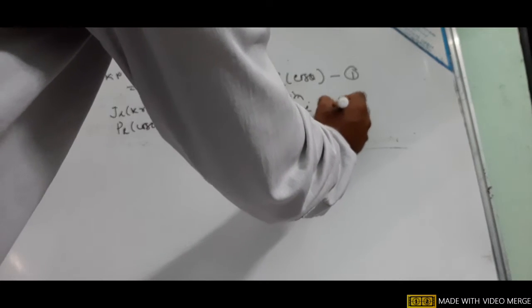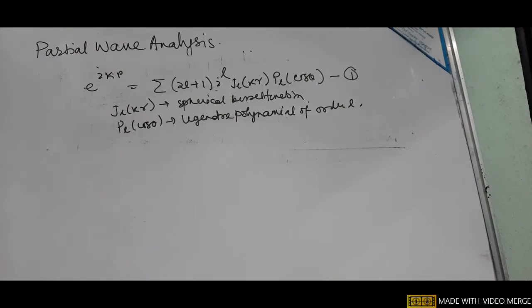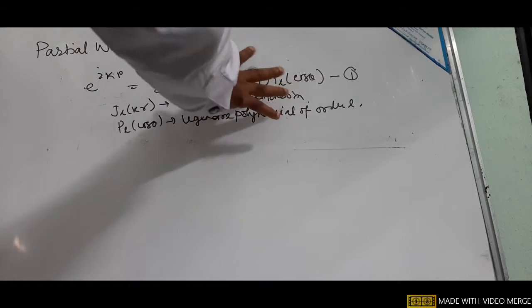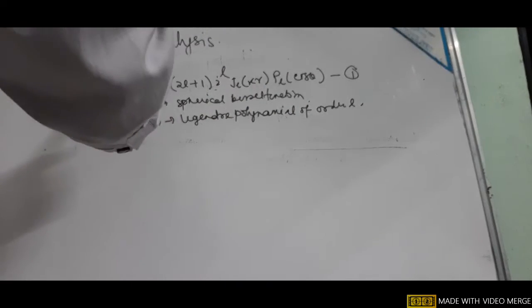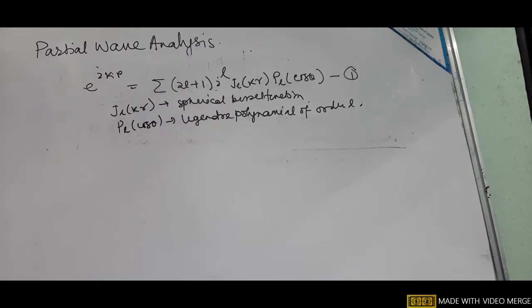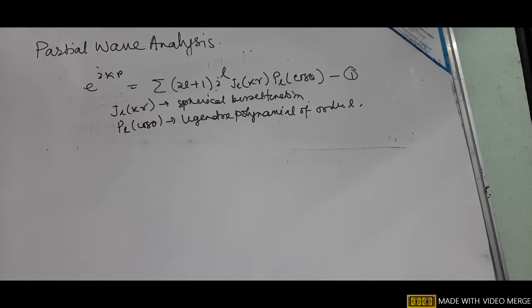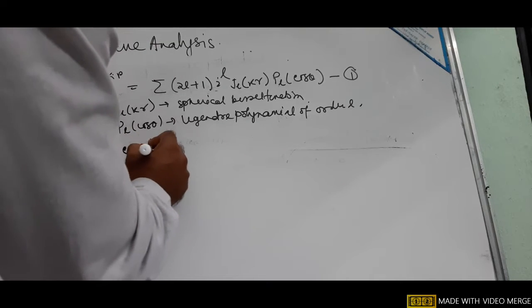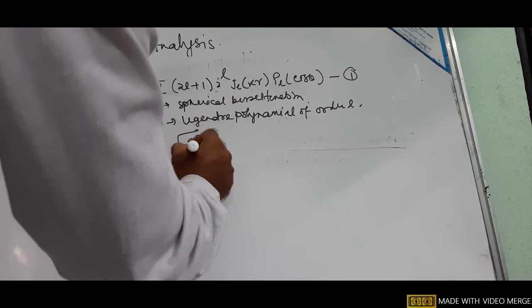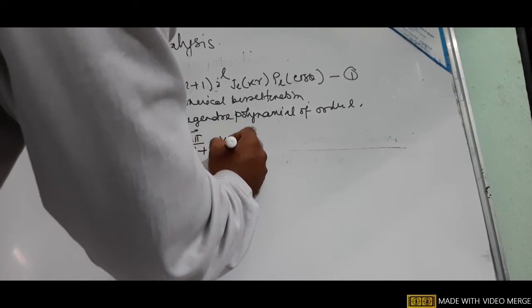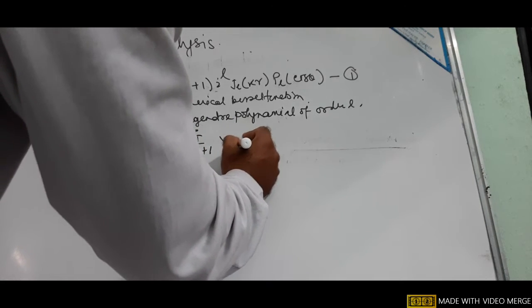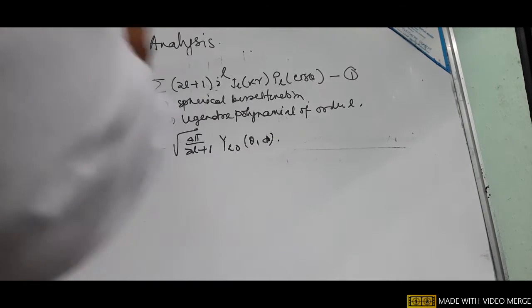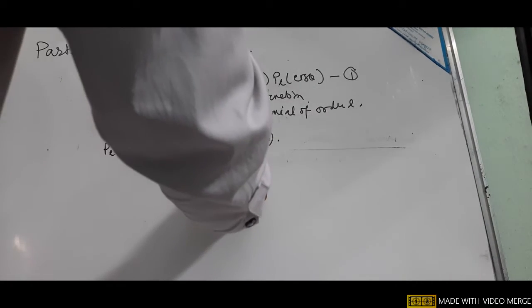That is the plane wave being expanded in the spherical waves. There is the spherical Bessel function j_l(kr), and a Legendre polynomial of order l. This P_l(cos θ) is equal to the square root of 4π/(2l+1) times Y_l0(θ, φ).